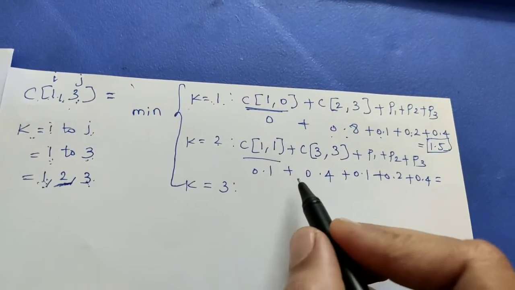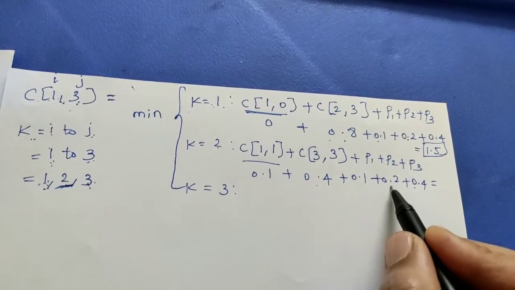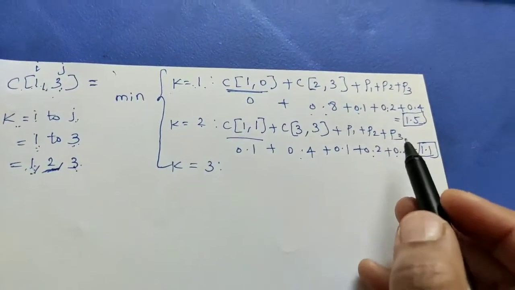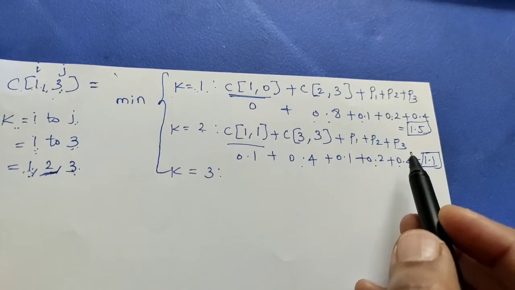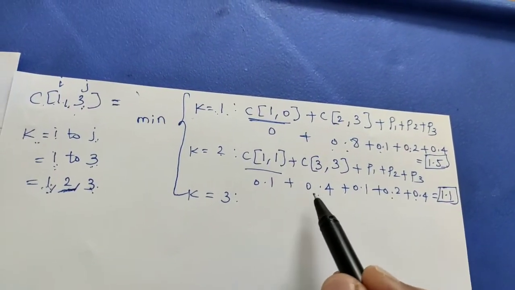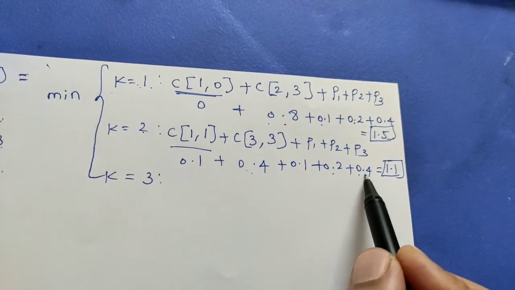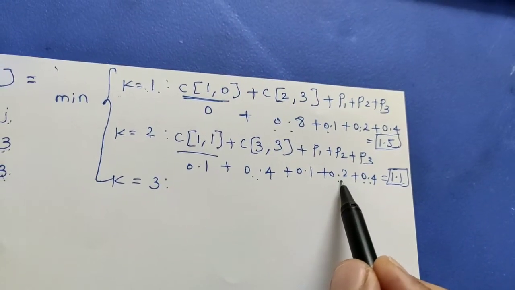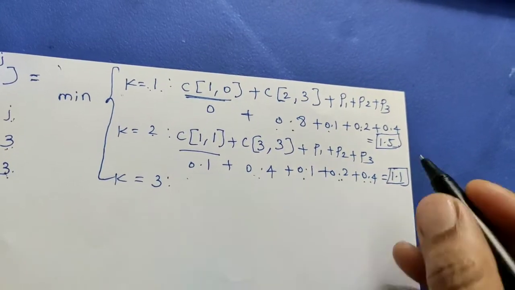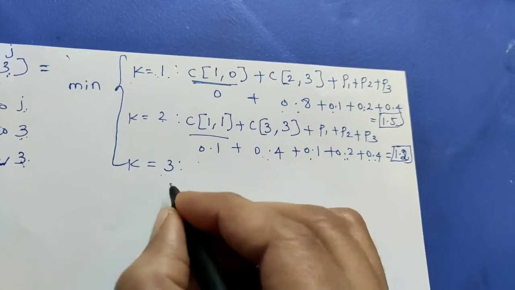So the total value I get is 0.4 plus 0.4, 0.8. Sorry, 1.2 it is. 0.4 plus 0.4 is 0.8, 0.8 plus 0.2 is 1.0, 1.1, 1.2. It should be 1.2 when k is equal to 2.